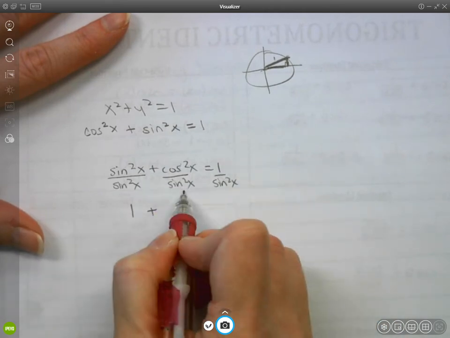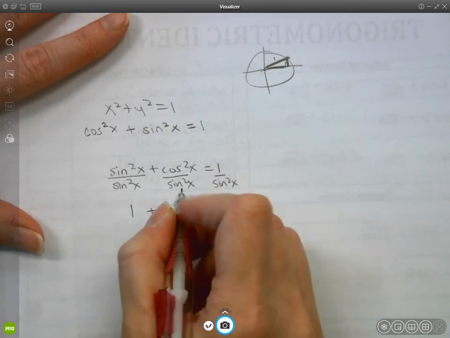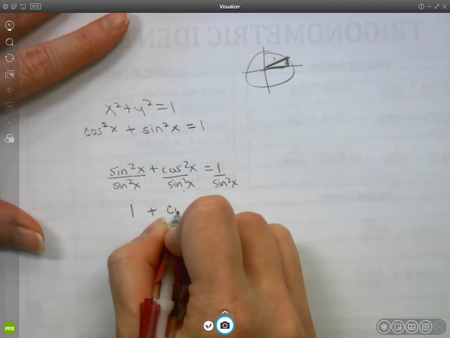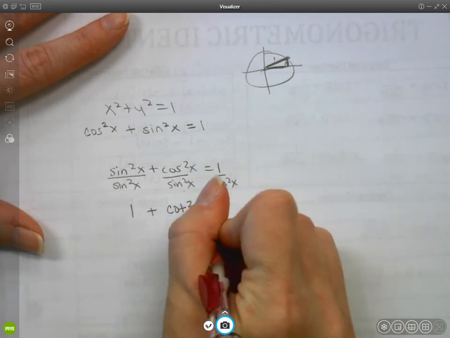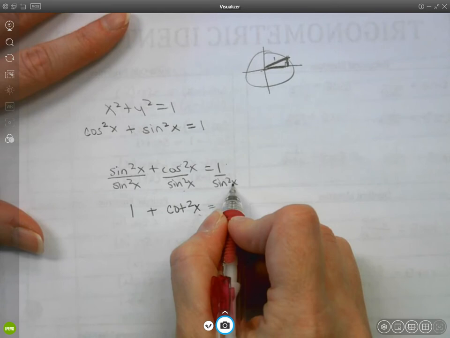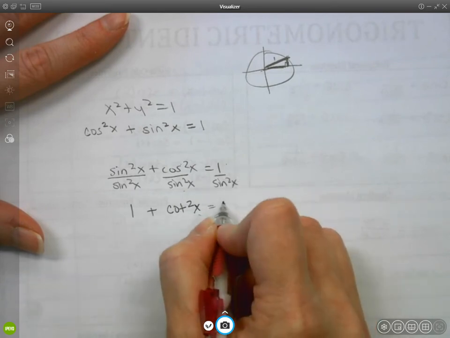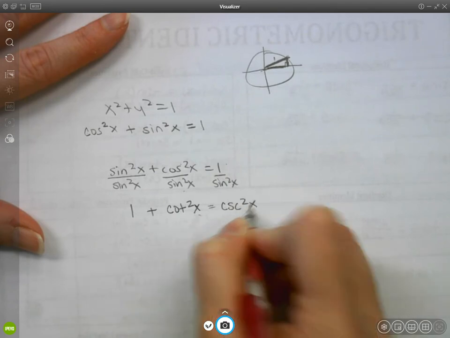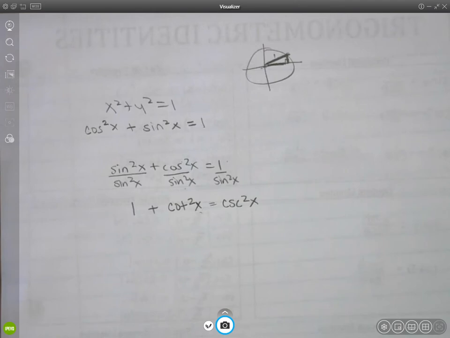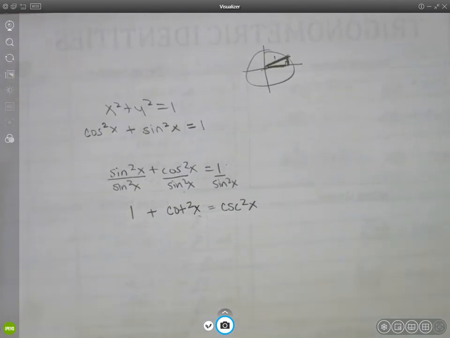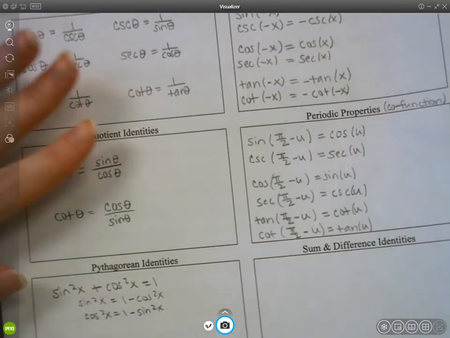I get cosine squared over sine squared, and if you look at your quotient identities, cosine divided by sine is cotangent. So cosine squared over sine squared would be cotangent squared. And then 1 over sine, looking at your reciprocal identities, is cosecant. So 1 over sine squared would be cosecant squared. So another Pythagorean identity is 1 plus cotangent squared is equal to cosecant squared.